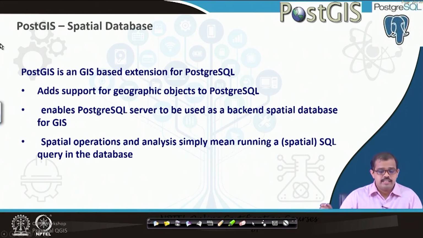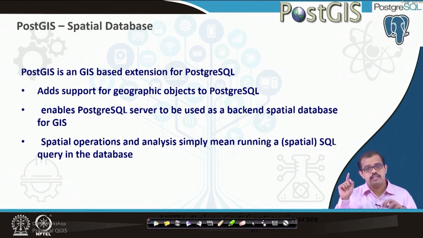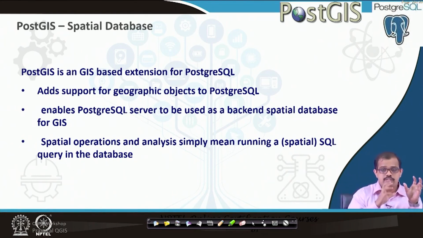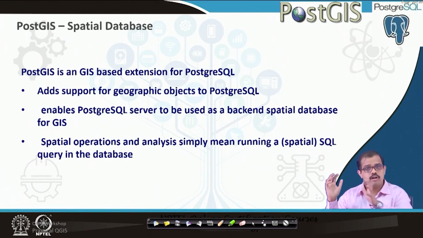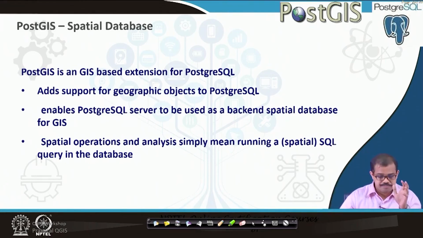PostGIS database management can handle the entire database management of the QGIS. PostGIS is a GIS-based extension for PostgreSQL. Okay, it adds support for geographic objects to PostgreSQL, which means that PostGIS gives you the geometric or the geographical aspects to the main database system, that is nothing but PostgreSQL.